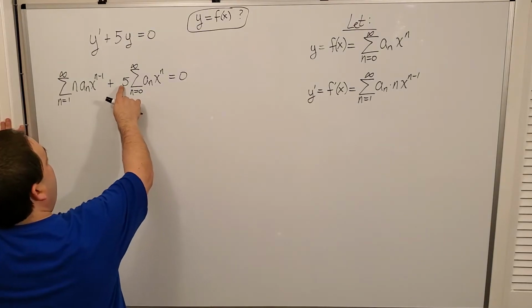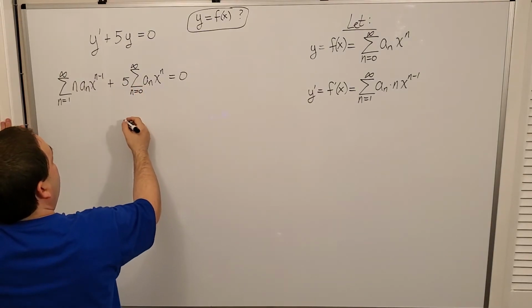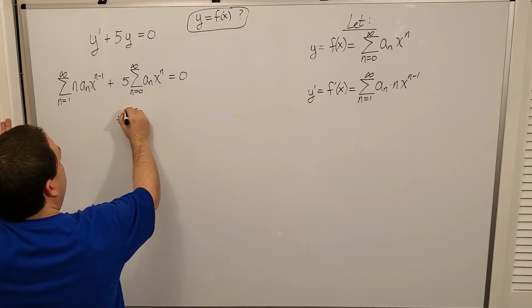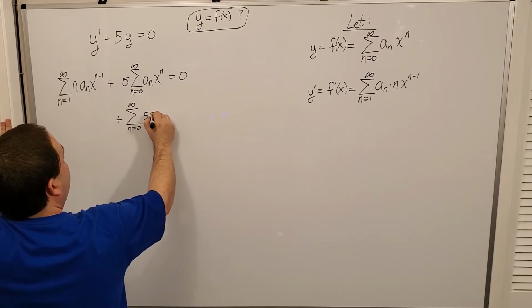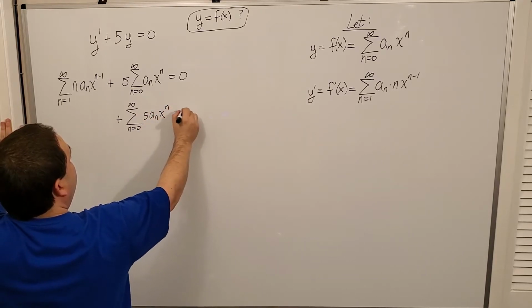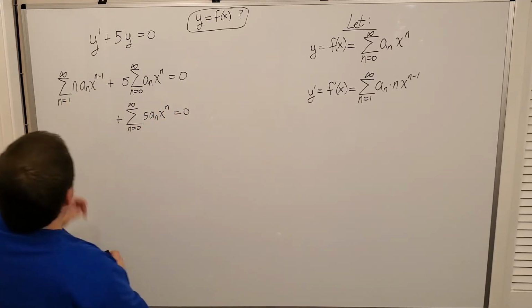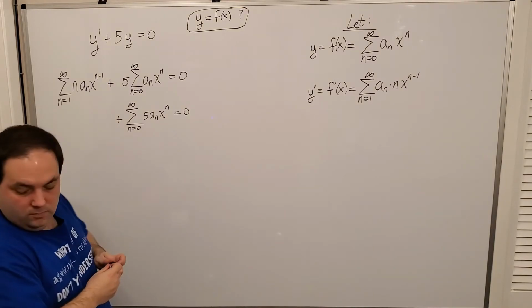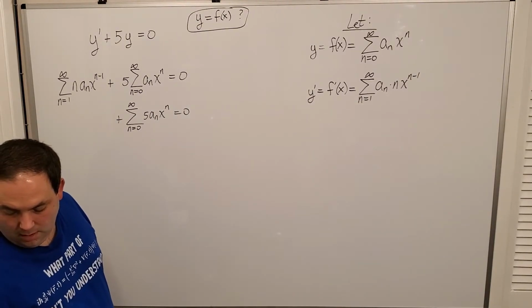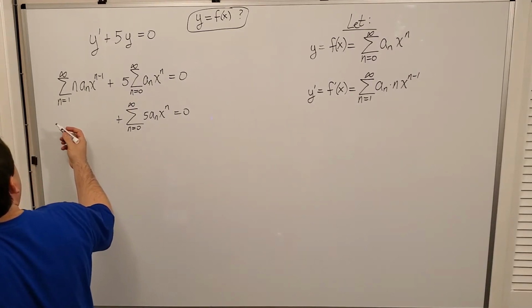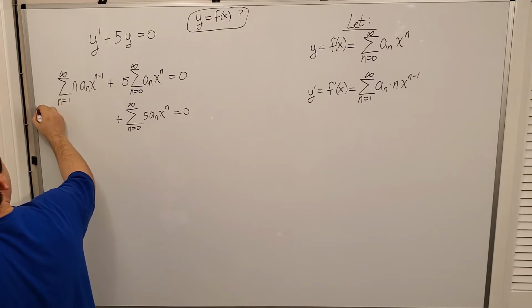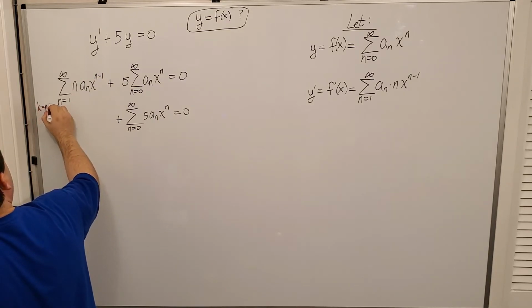So for here, first of all, I'm going to bring the 5 in so that it's part of the summation. So I'll have 5a sub n x to the n. And on this one, I'm going to renumber right here. And it doesn't really matter what letter you pick, okay? But let's say I let k equal n minus 1.